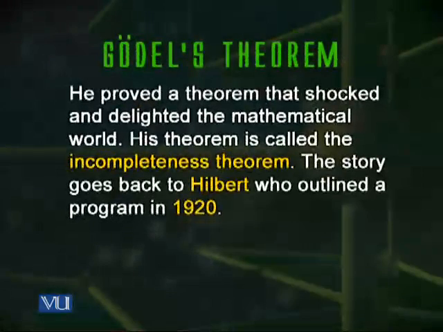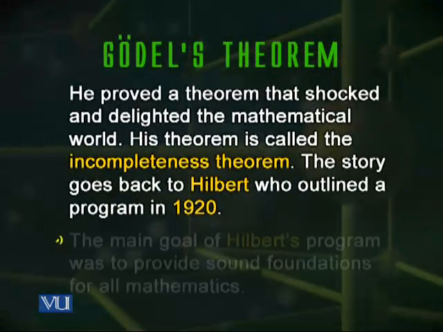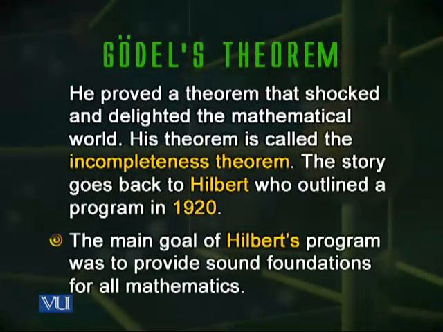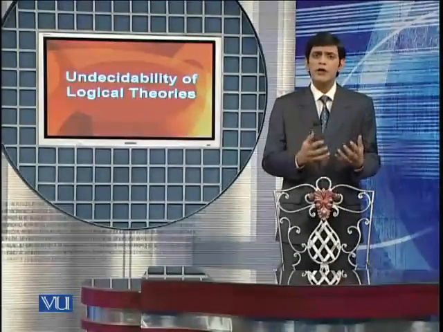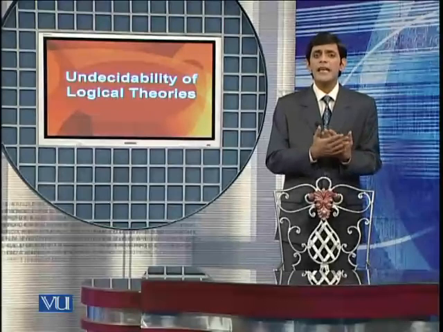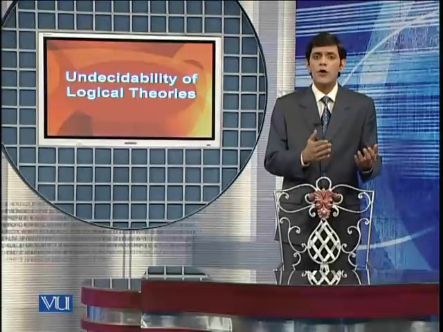Gödel's theorem started with one of Hilbert's ideas. Hilbert actually proposed a program. His program was to bring all of mathematics to a sound foundation. What Hilbert was trying to do is to take all of mathematics and put it on a foundation such that it would be extremely sound and formal.